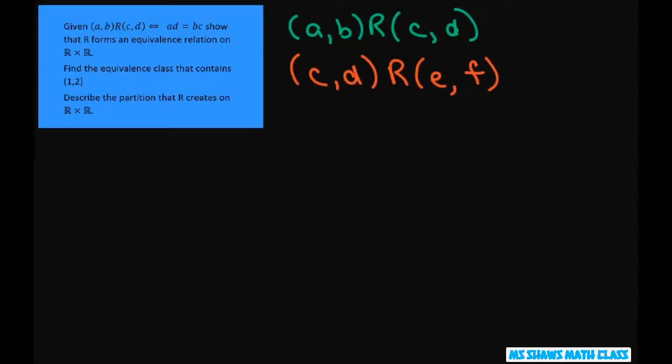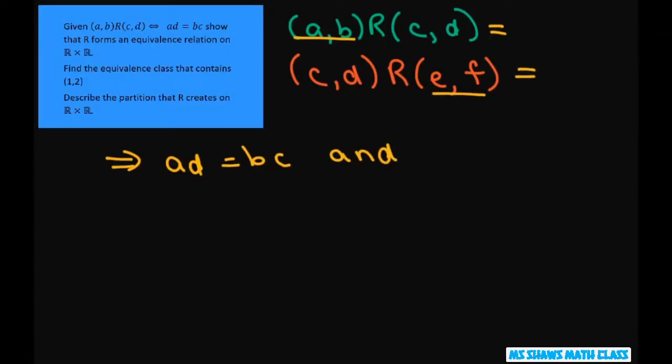So we want to show that (A, B) is related to (E, F). So here we go. We're going to get AD equals BC for this one. And for this one, we have CF equals DE.